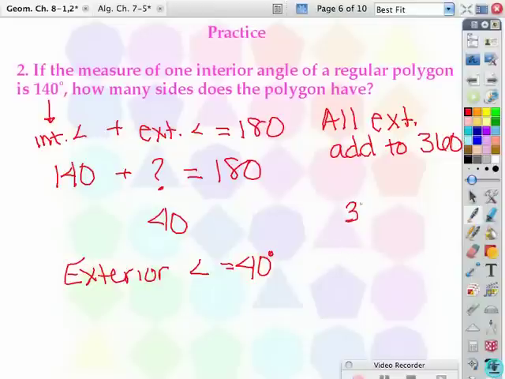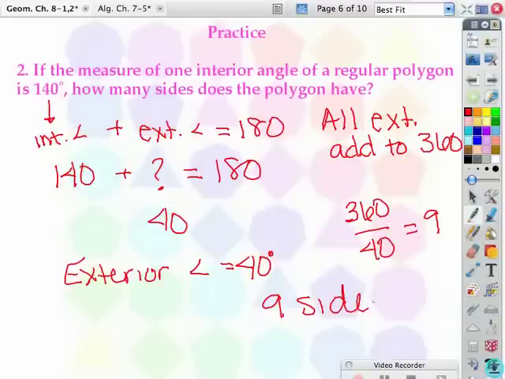So you take your 360, divide it by 40, and you end up getting a total of 9. So there are 9 sides, which also means it is a nonagon. Ta-da!